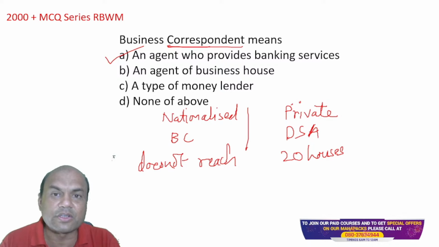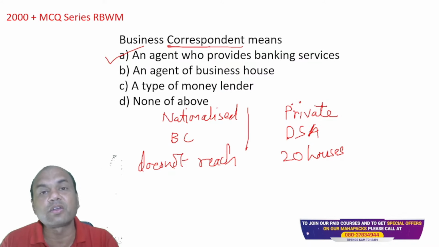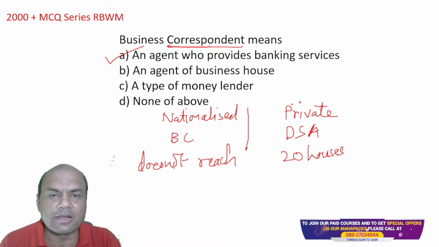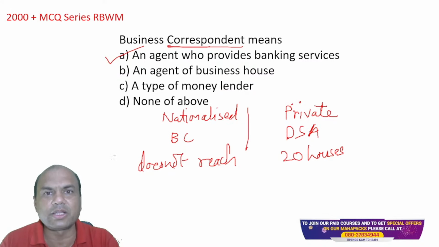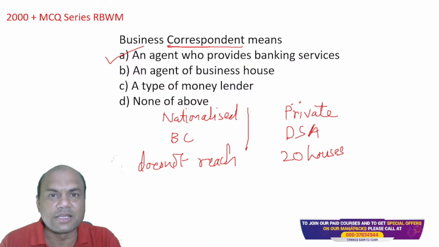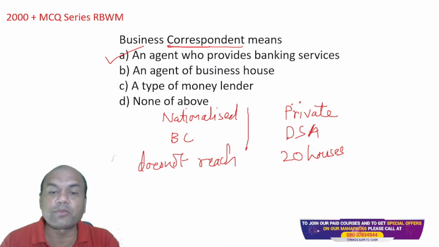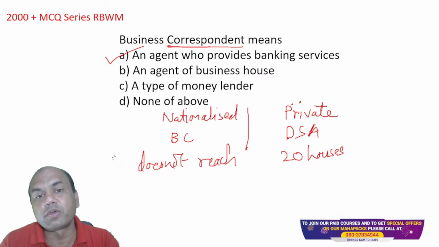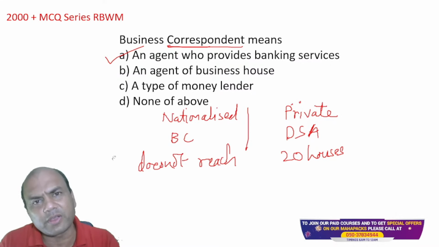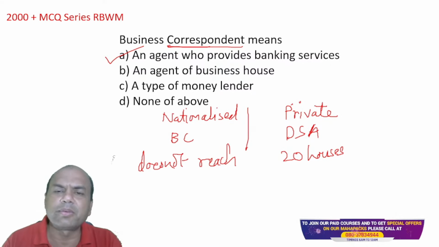Your salaries, your running expenses, electricity, and the coming and going, because employees won't be staying in that village. They'll be staying in the nearby cities. So what will be the cost? That's why we don't open a branch over there. We open a BC, a business correspondent, a private agency. Somebody from that village itself will provide the banking services.